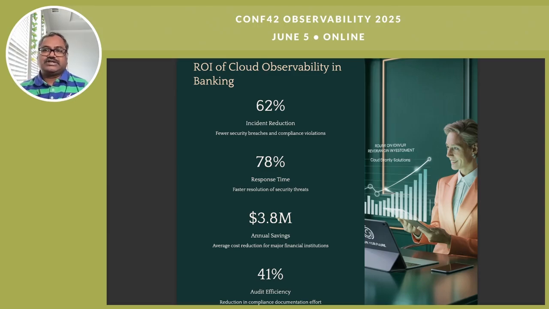Let's talk about some statistics that we have received so far. How did incidents reduce after this observability implementation? There is a 62% reduction, meaning very few security breaches and compliance violations. When there is an issue, how fast are we responding?